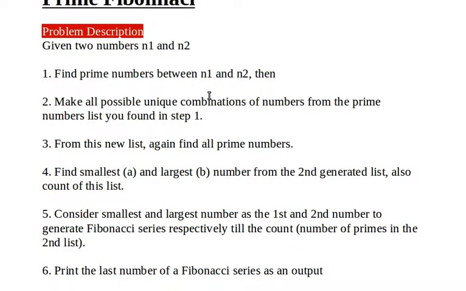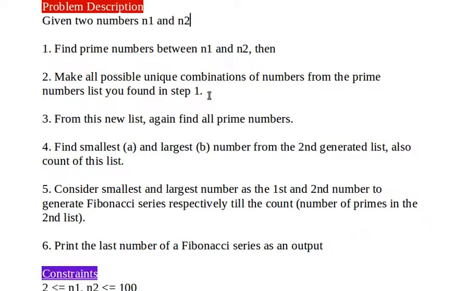It has been given with 6 steps and each step is very clear. First, we need to find the prime numbers between the given n1 and n2. Second step is to make all the possible unique combinations of the numbers of the prime list you found in step 1. And from step 3, you need to again find all the prime numbers.